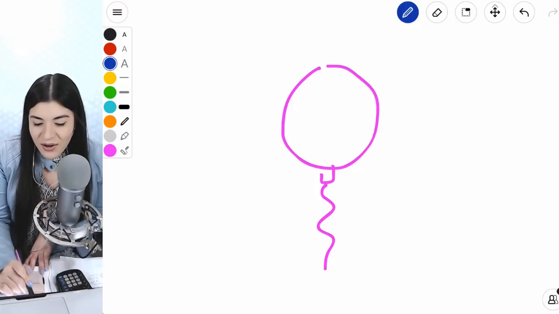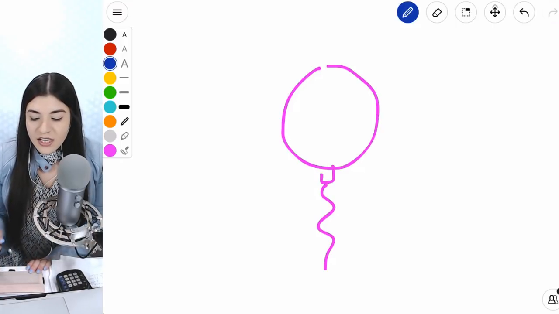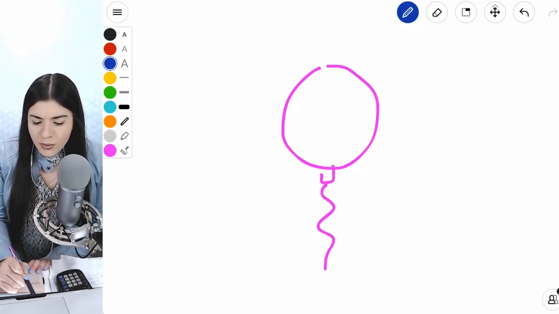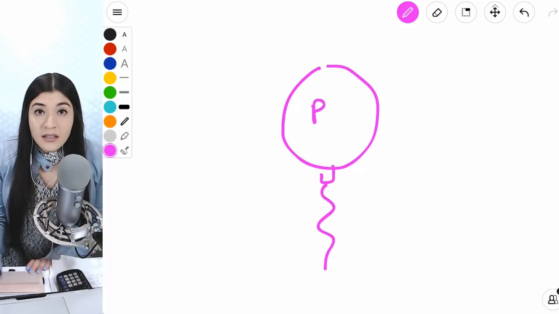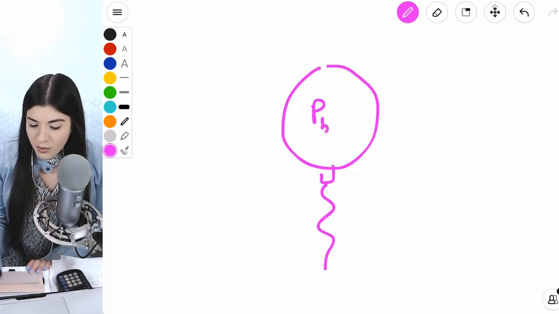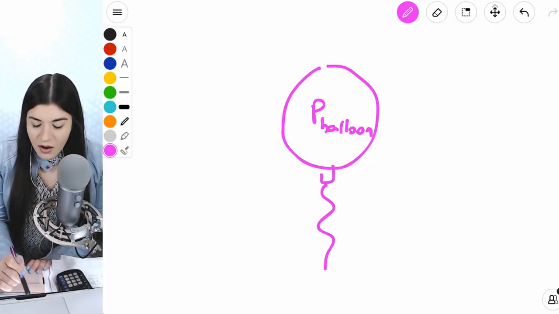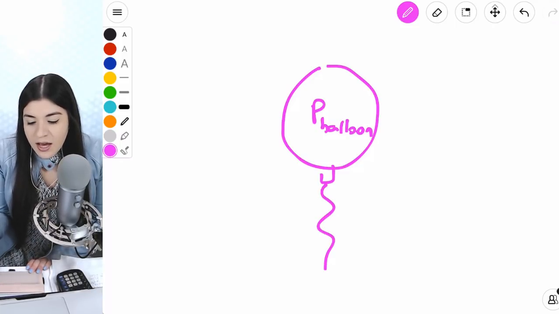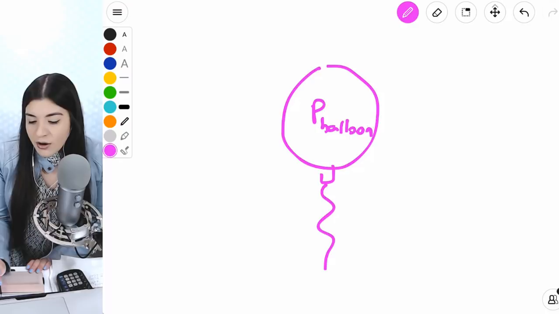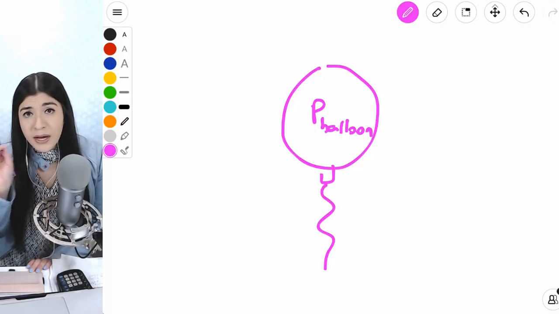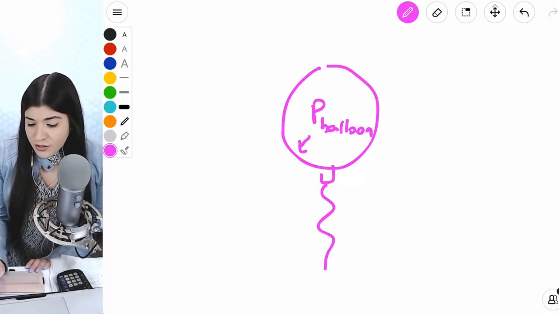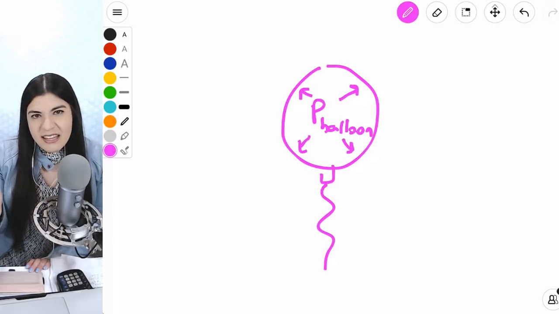All right, we have a balloon, and essentially, yes, there is pressure within this balloon already, and I'm just going to say this is the pressure of our balloon. If we have pressure in that balloon, there are gas molecules bouncing around within that balloon.